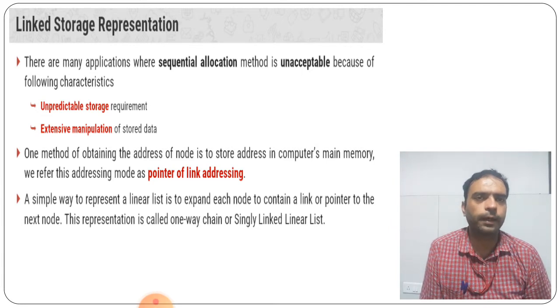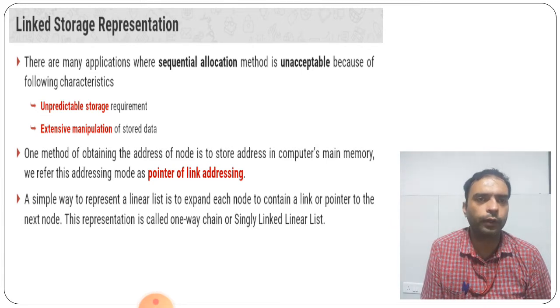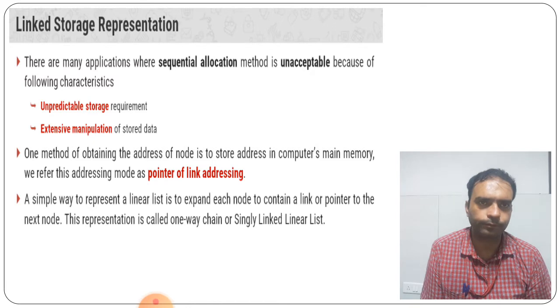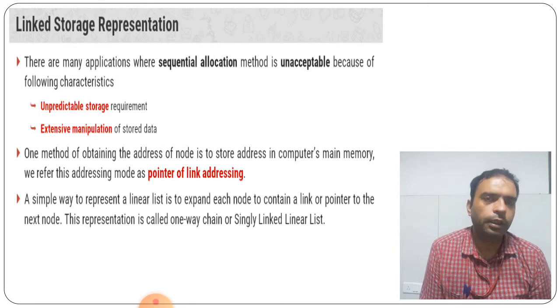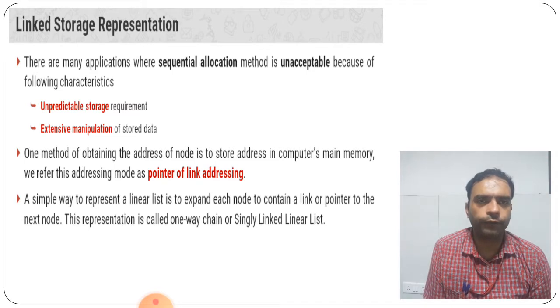The first part contains data or some value or information, and the second part contains the address of the next node. If the node is the last node, then the address is null, that is empty. If it is not empty, then it continues with the address of the next node.